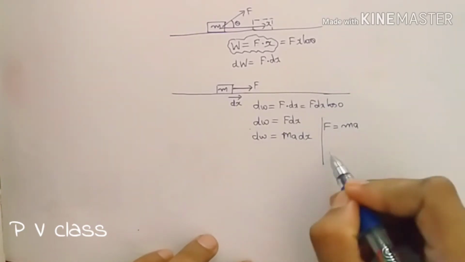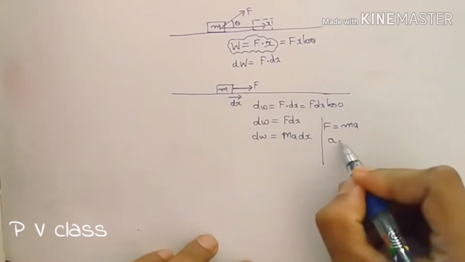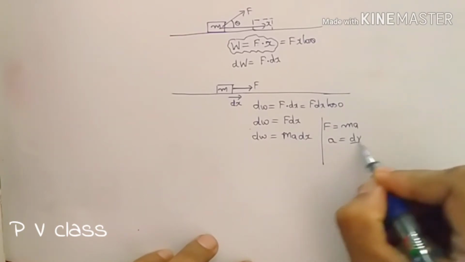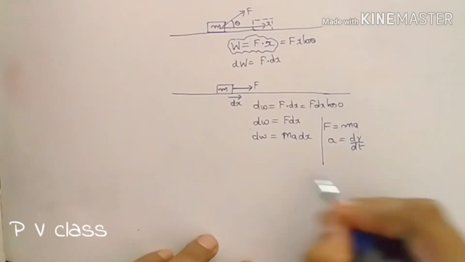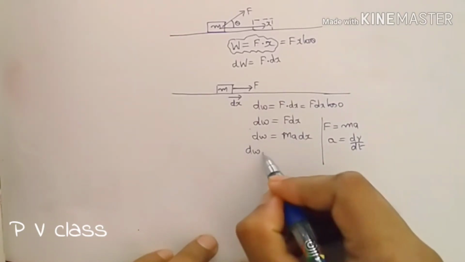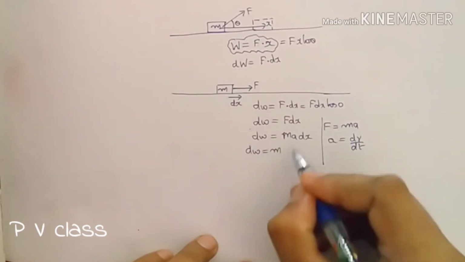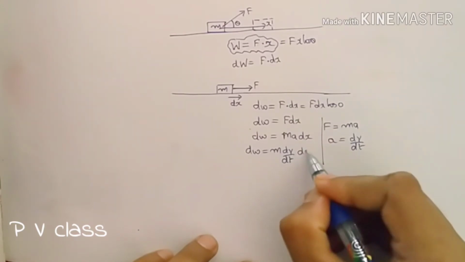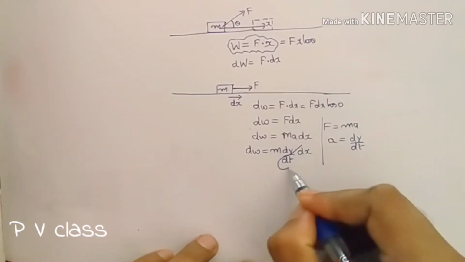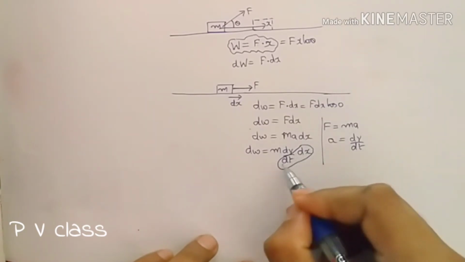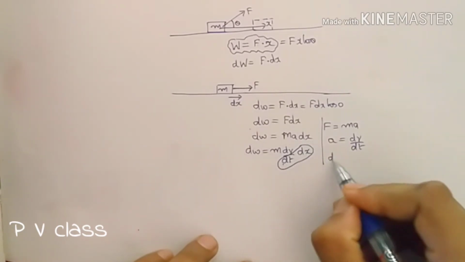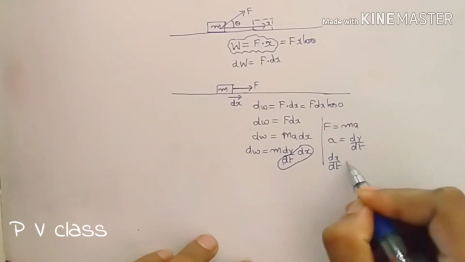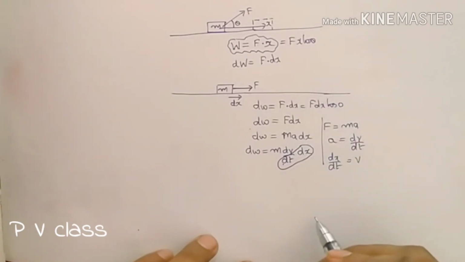Then we'll recall the expression for acceleration. Acceleration is dv by dt. Therefore I could write dW = m, instead of acceleration, dv by dt into dx. Then, rearranging, what is dx by dt? dx by dt is velocity.